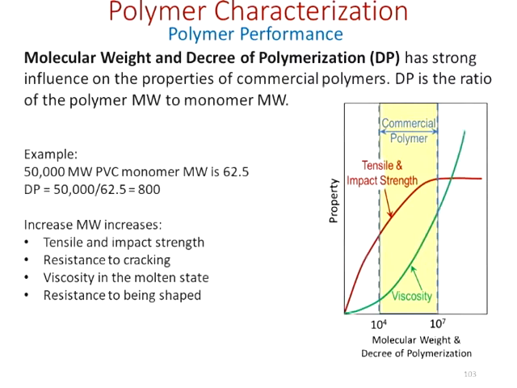So basically, if you examine a viscosity curve, shown in green here, versus a tensile strength curve, you kind of have this sweet spot for these commercial polymers and where they like to be. It doesn't mean you can't have polymers above and below these, but this is a sweet spot.